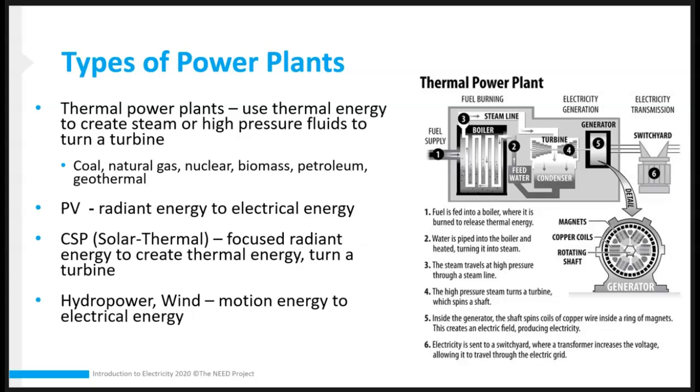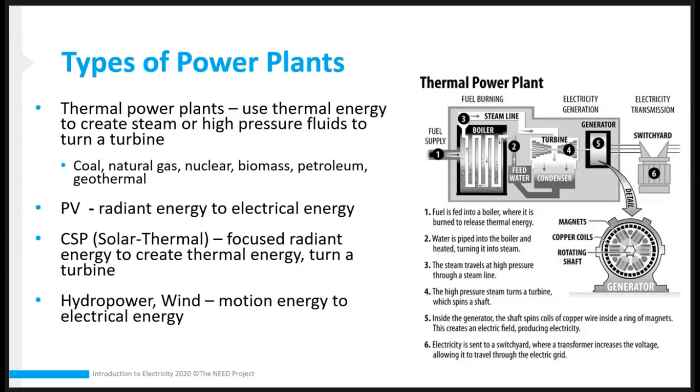If we don't boil water, if we don't need steam, we can use things like water or wind, motion energy that's naturally there. As water goes down a river or as it flows through a dam, wind flows through the air as it's unevenly heated on the earth. We can take full advantage of these freely moving air molecules and water molecules and put them to work for us.